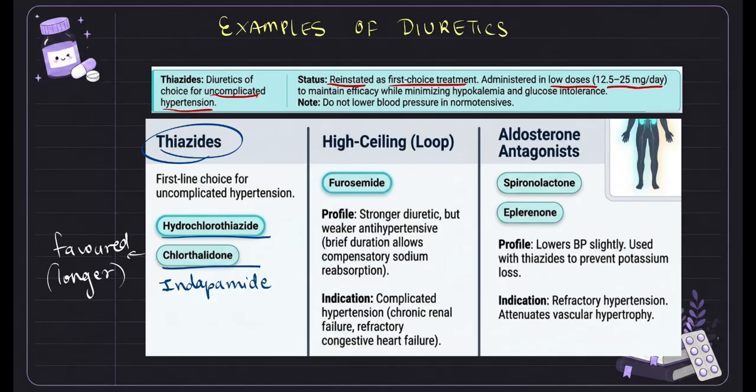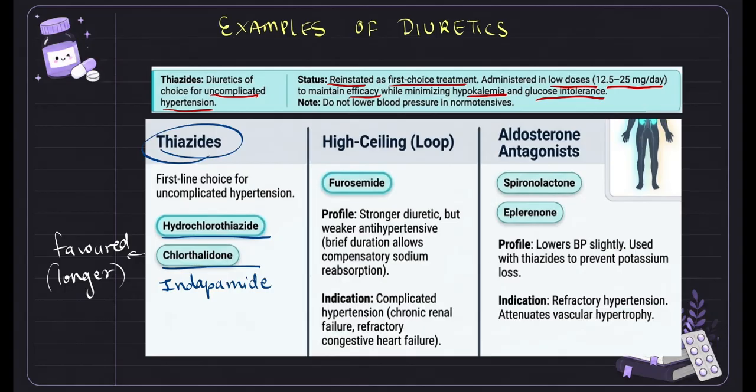They're administered in very low doses. We use 12.5 to 25 milligrams per day. We do this to maintain efficacy while minimizing side effects. Specifically, we want to avoid hypokalemia. That's a dangerous drop in blood potassium levels. We also want to avoid glucose intolerance.